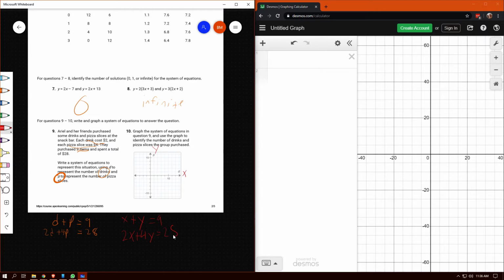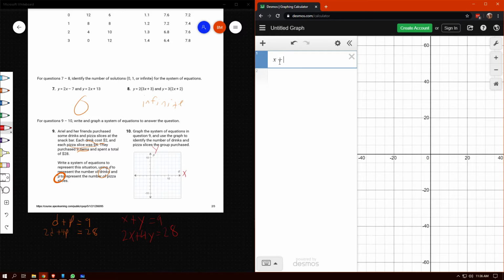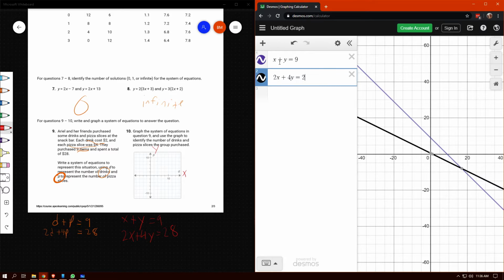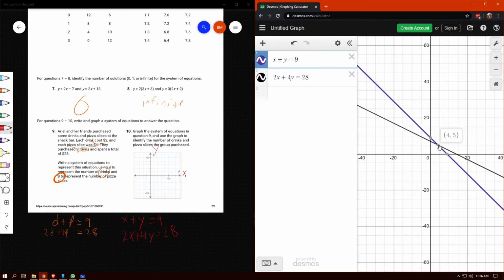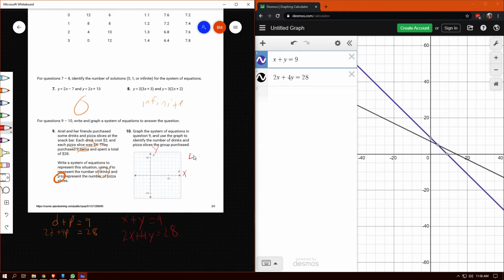So I have these two equations now. I'm going to type them into Desmos. So I have these two equations. Where do they intersect? Well, right there. So the ordered pair is 4, 5. Oop, there we go. So the ordered pair is 4, 5.